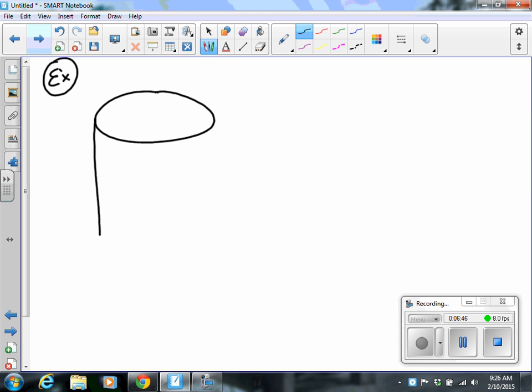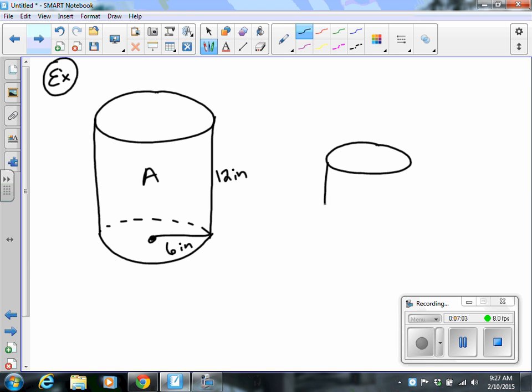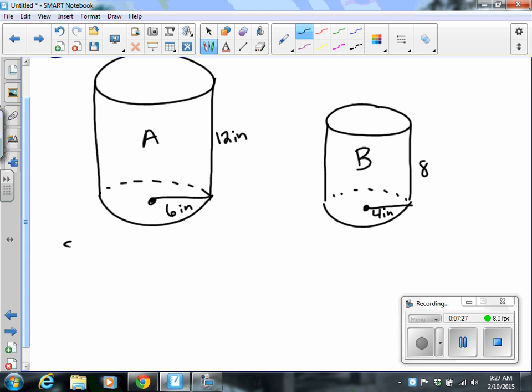We're going to look at cylinders here. I've got can A and can B. I need to find the scale factor, so go ahead and calculate that. Make sure that both of your proportions are correct.